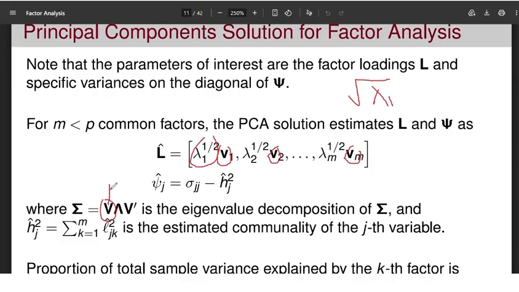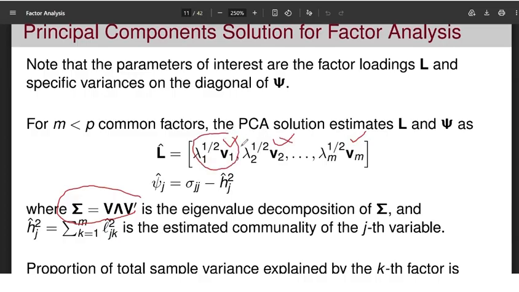From the decomposition, I was able to get the eigenvectors V1, V2, up to Vn, but I have to scale them. I scale by multiplying each eigenvector by the square root of the eigenvalue. And when I do that, I have access to my loadings. That's how to get the loadings.